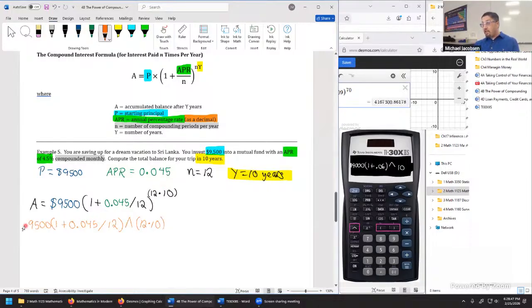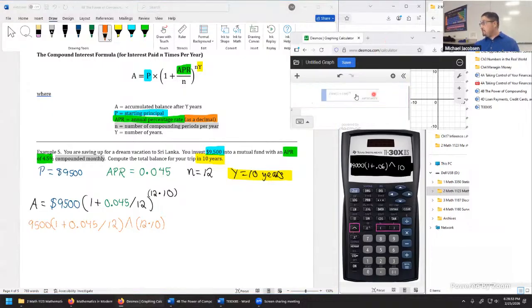So if you put it in your calculator just like that, you'll be in great shape. So back to this calculator. It'll be 9,500, 1 plus 0.045, divide by 12, raised to the power of 12 times 10, or 120 is just fine again.